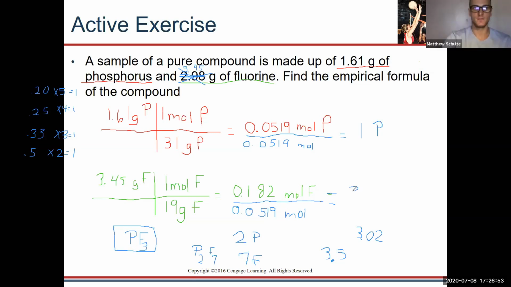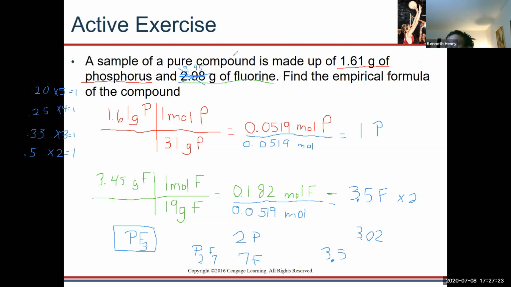It ends with 0.5, so you can't just add to it. You would multiply by 2, right? Does that make it a whole number? Yeah.